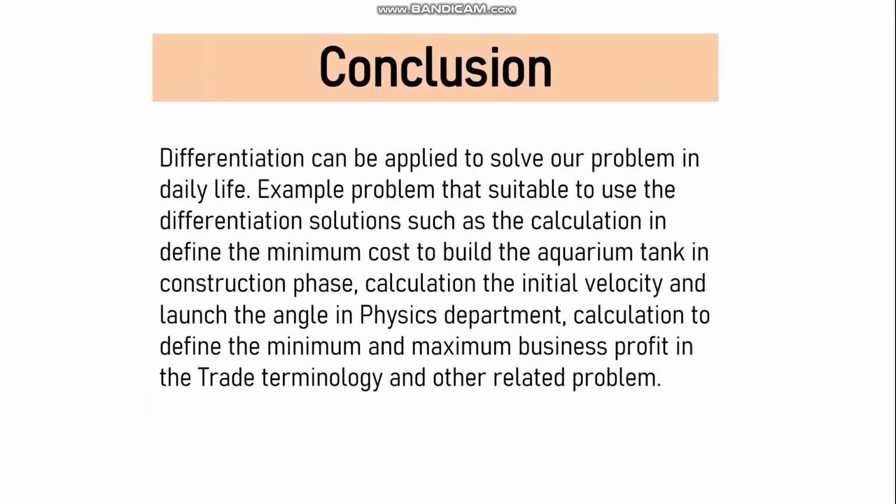In conclusion, differentiation can be applied to solve problems in daily life. Example problems suitable for differentiation include calculating the minimum cost to build the aquarium tank in the construction phase, calculating the initial velocity and launch angle in physics, calculating the minimum and maximum business profit in trade, and other related problems.